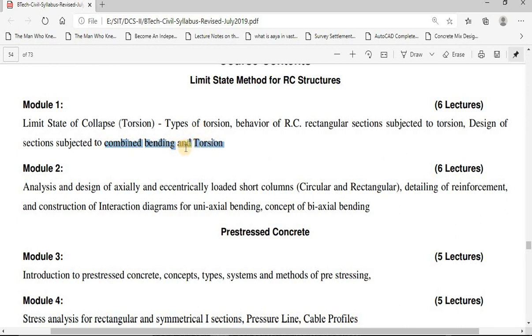Bending we have studied already, but when the torsion is combined with the bending, how to design a rectangular section we are going to study in module number 1.